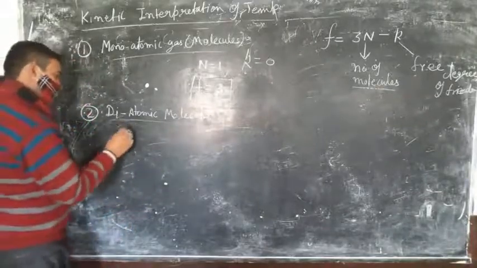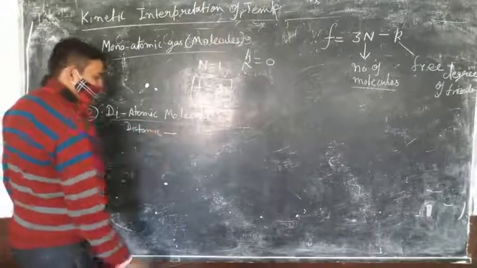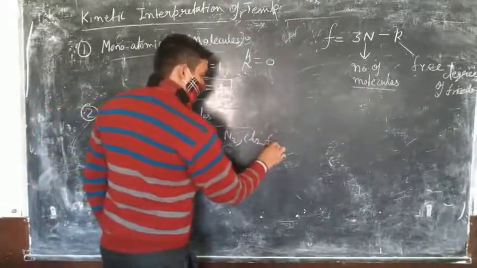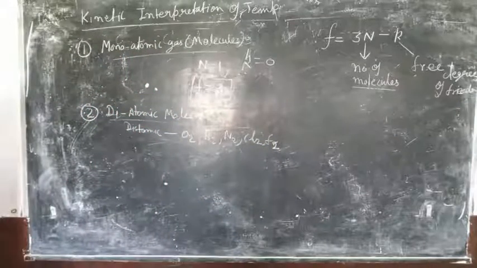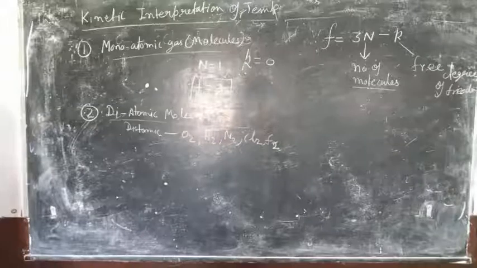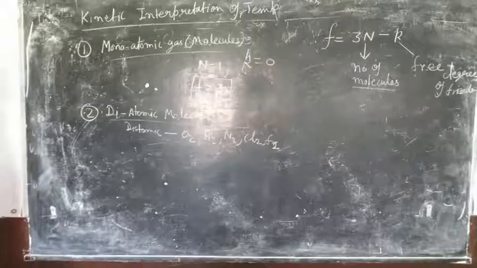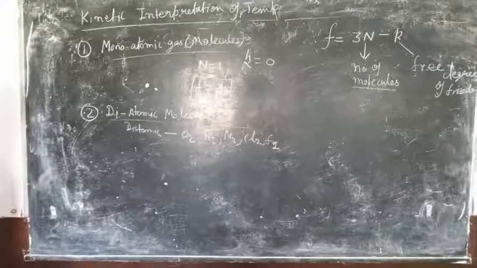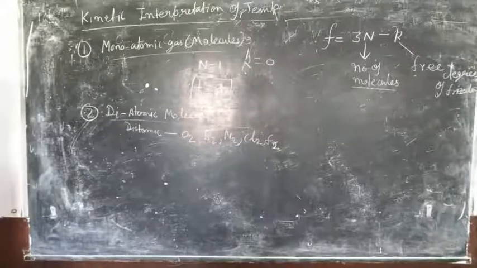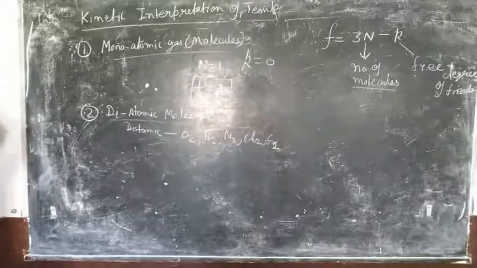The diatomic gases are oxygen, hydrogen, nitrogen, chlorine, fluorine, etc. They have 3 translational degrees of freedom and, in addition, 2 rotational degrees of freedom.